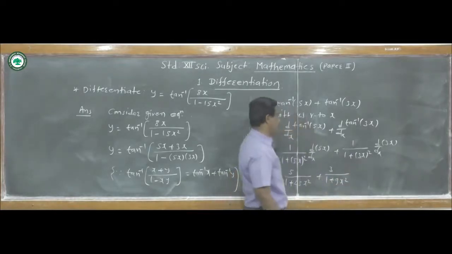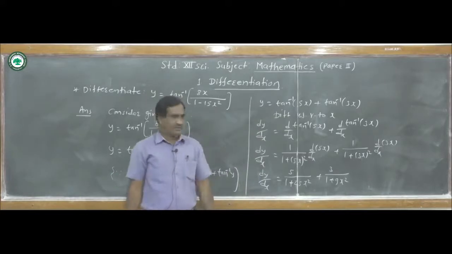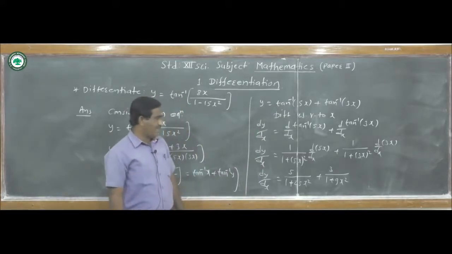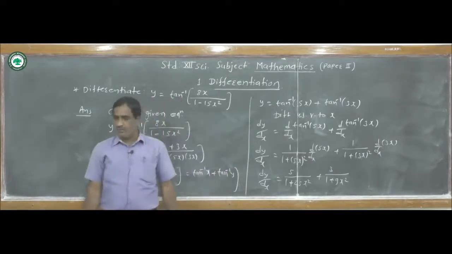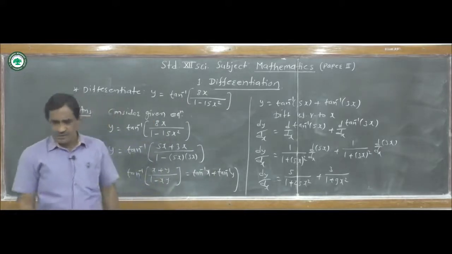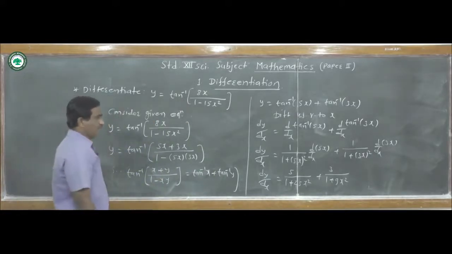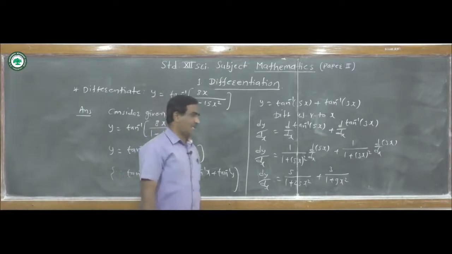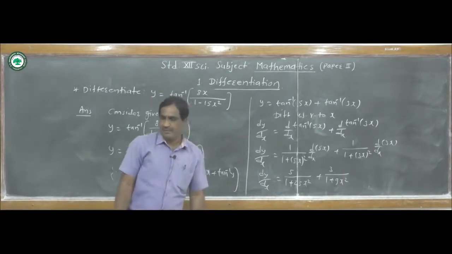Taking square of 3x, we get 9x square. That is, we get here dy by dx is equal to 5 upon 1 plus 25x square plus 3 upon 1 plus 9x square. Okay.